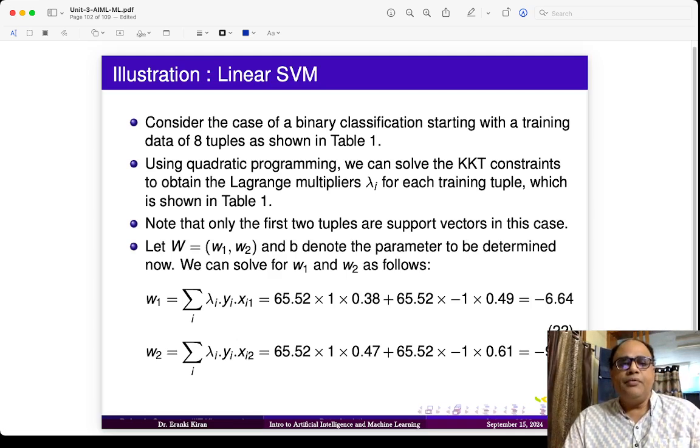So W has W1 and W2, two components, and b denotes a parameter to be determined. We can solve for W1 and W2 as follows.